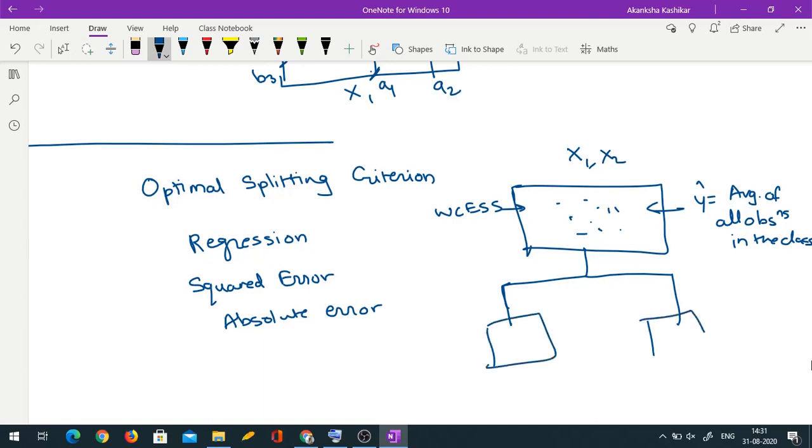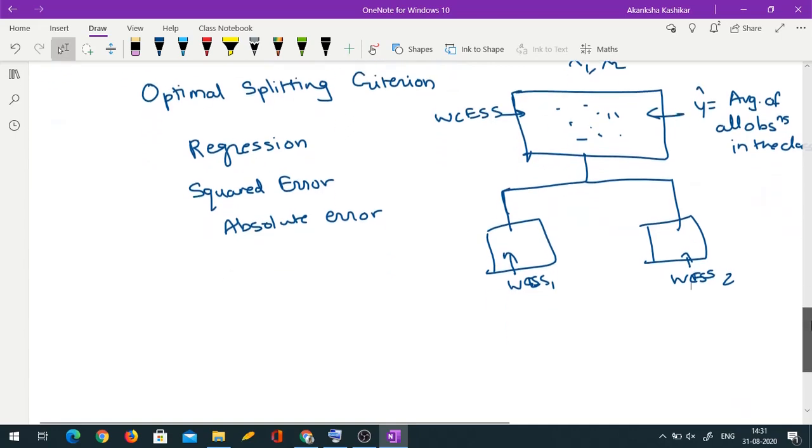The split will be chosen in such a way that the within class error sum of squares for this and the within class error sum of squares for this, the addition of those two, should be minimum. This is slightly similar to Ward's linkage, if you can remember, in cluster analysis, but of course we didn't have a response variable over there. So here the error would be defined in terms of the response.